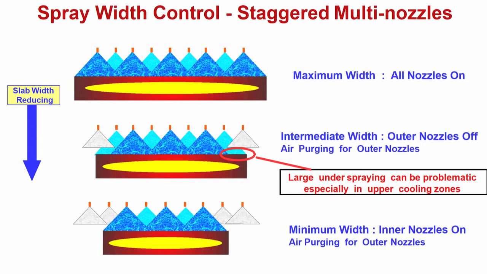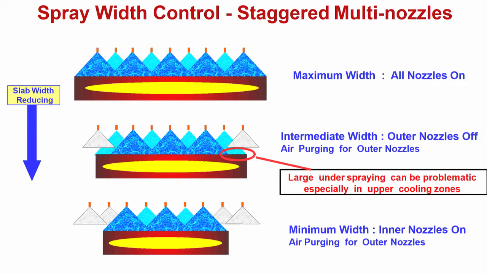So, what I am trying to harp upon is that you can control the width of the spray depending on the width of your slab. If you are using very wide slabs, you use the whole spray width.